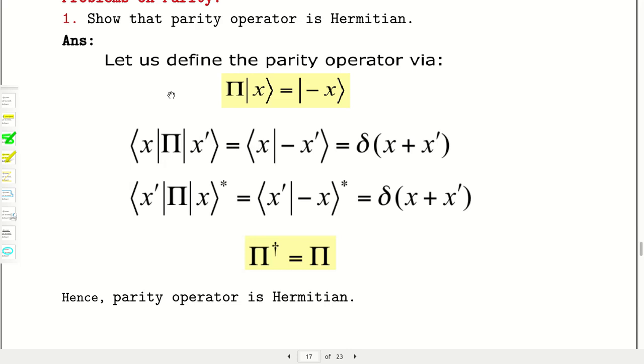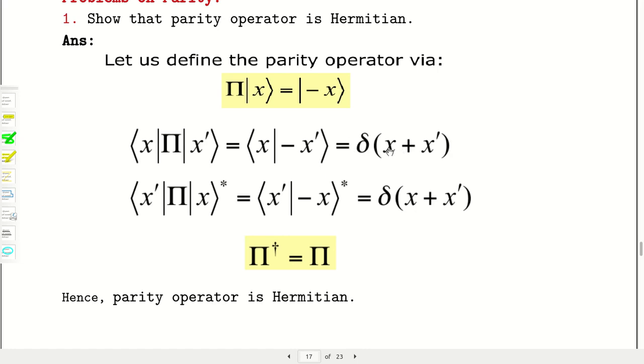Now recall the completeness formula and use this. Bra x, parity operator and ket x prime gives, in place of pi x prime, minus x prime using this relation. So this gives delta of x minus of minus x prime, that is, x plus delta.